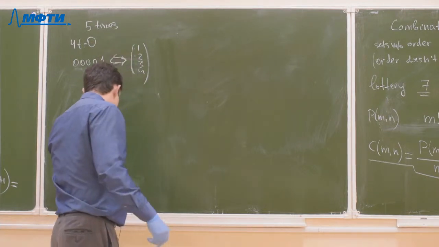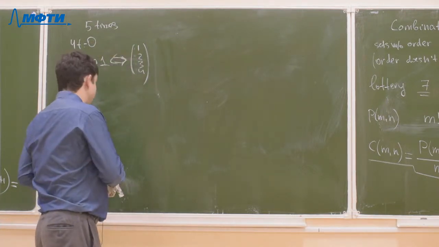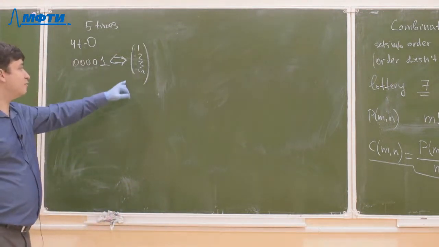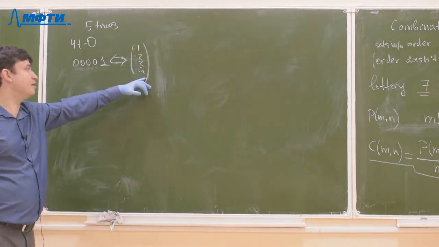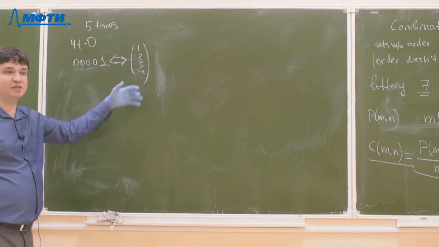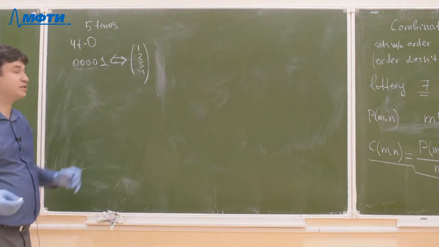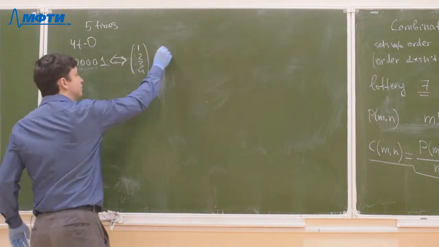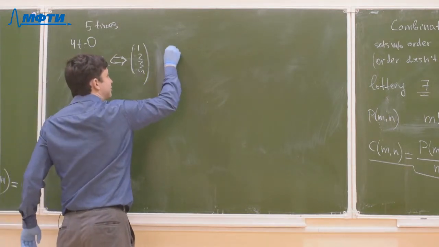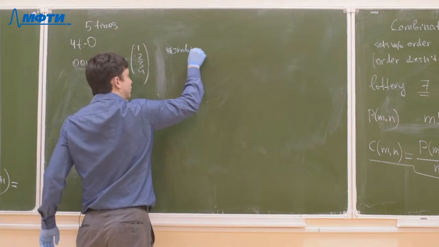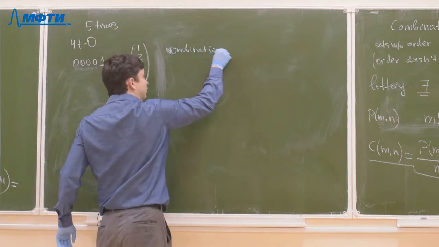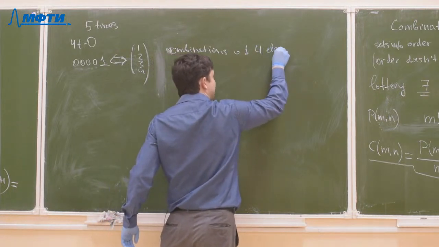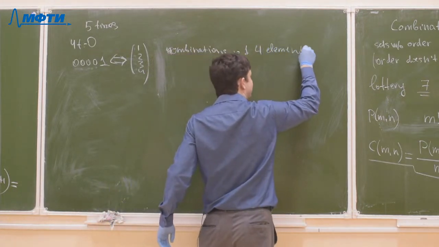And here I have a combination of 4 elements out of 5, and I don't allow any repetitions, so I cannot place 2 zeros at the same position. So this is combinations of 4 elements out of 5.